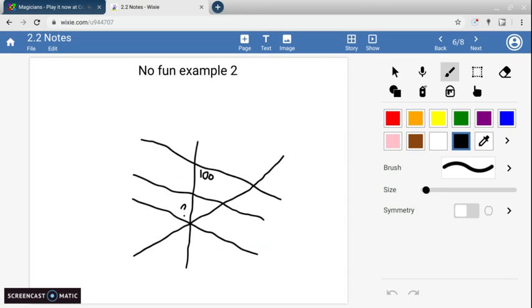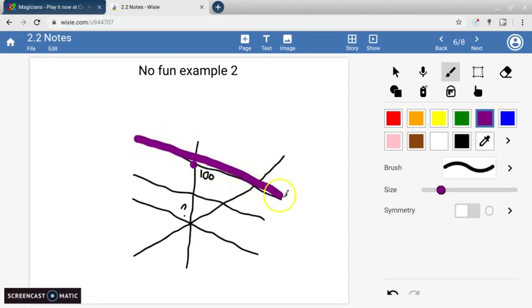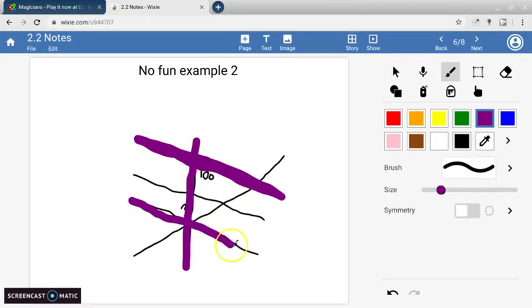No fun example number 2. Well, you kind of do the same thing. You just draw out the lines that form the vertex that the measurement is at. So the 100 right here, this is the vertex. The lines that form that are this one right here, and then this one right here. And then this question mark that you're trying to find, it is the one I just drew, and then this one also.